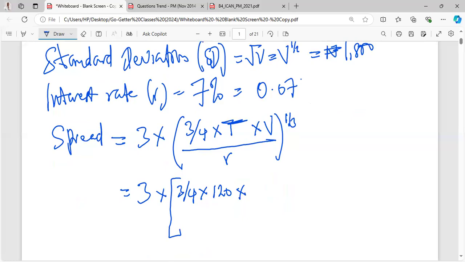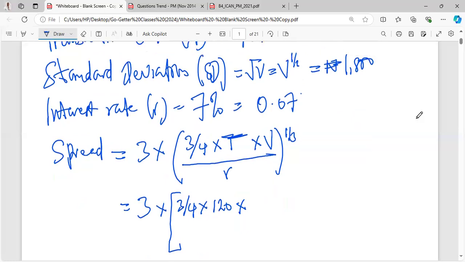Now, we're not given variance, we're given standard deviation. So variance is the square of standard deviation, while standard deviation is the square root of variance.